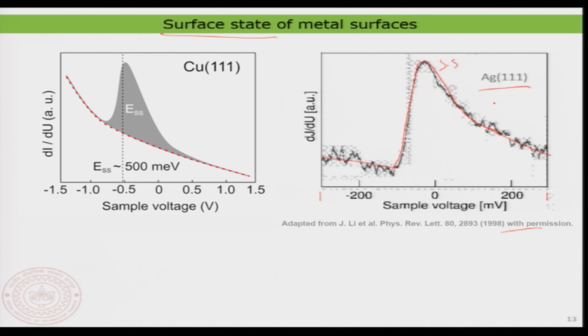So, that is quite important. And if you look at the energy of this, it is somewhere around 50 milli electron volt negative. Yeah. So, that is the entire thing. So, that means if you look at the density of state of your copper 111 surface or silver 111 surface and so on, it would generally look like that.